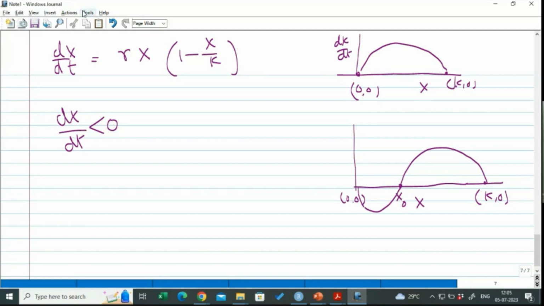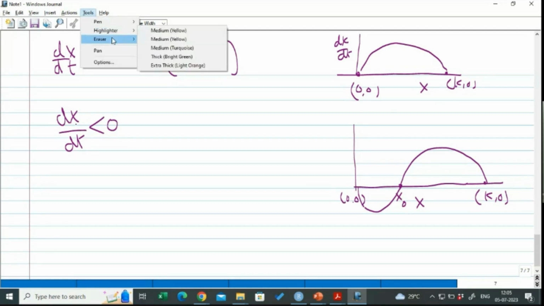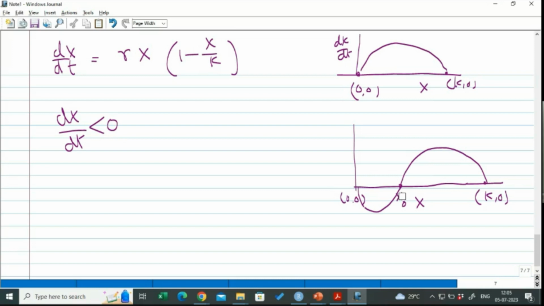Let me use the same notation that I used over here. Let me call this A. So that means I got a cubic equation for this now. This equation can be represented as r x (x/A minus 1)(1 minus x/k).